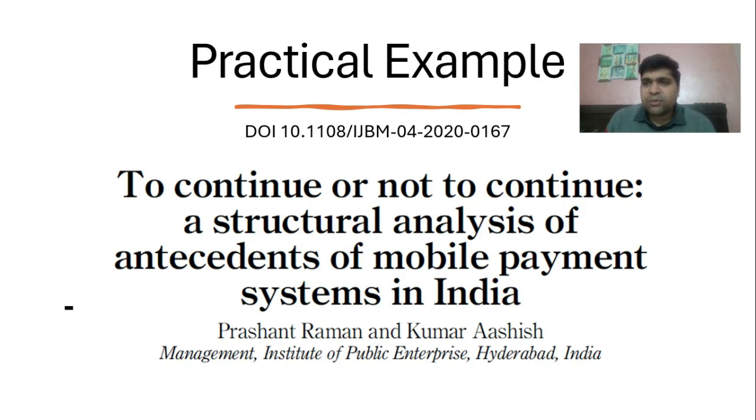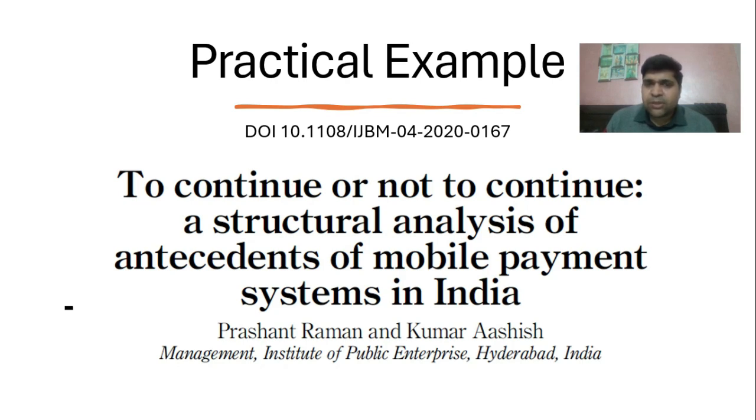You should not be worried that this topic has a lot of technical words. Forget about structural analysis because it is structural equation modeling, a statistical technique, so leave it for now.